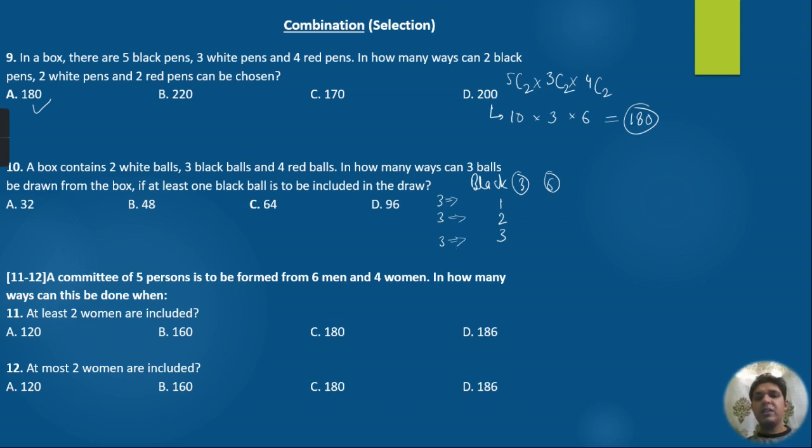In the first case, if I have chosen one ball out of 3, I will choose 2 balls out of the rest 6. In the second case, if I choose 2 balls from 3 black, I will have to select one ball from the rest 6. If I select 3 balls from 3 black balls, I have to select 0 from 6, right?